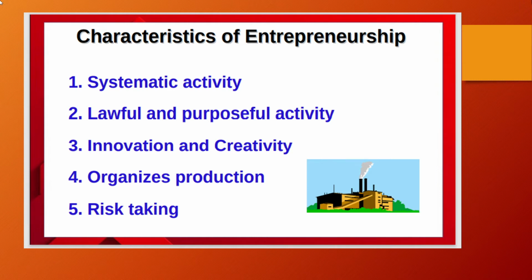Now let's talk about the fourth point, which says organizing production. Production requires the combined utilization of diverse factors of production, say land, labor, capital, and technology. The entrepreneur mobilizes these resources into a productive enterprise or firm.